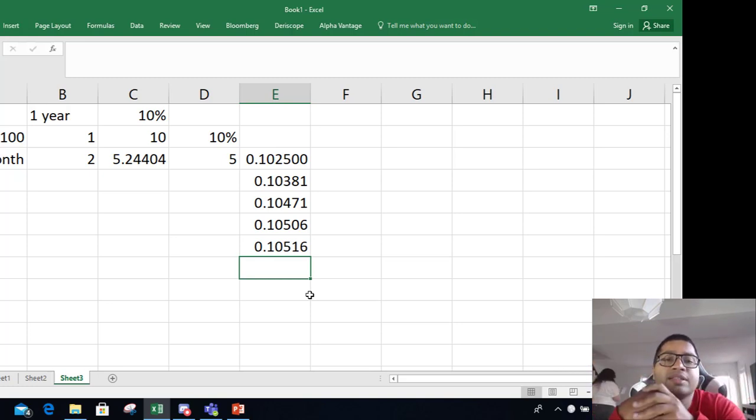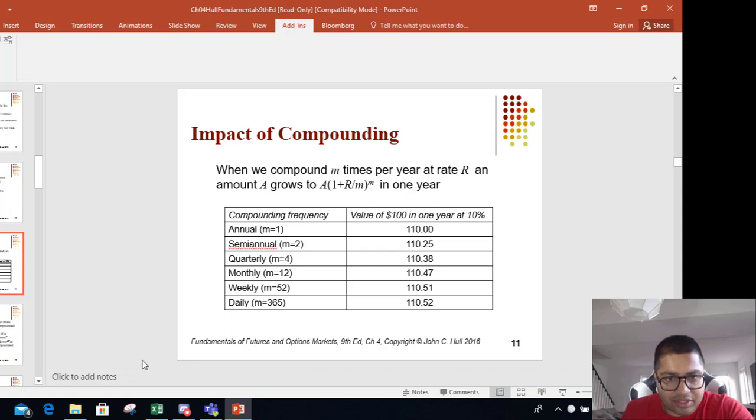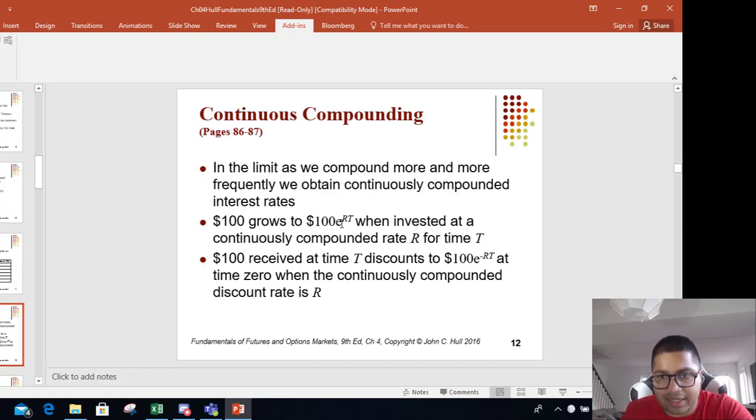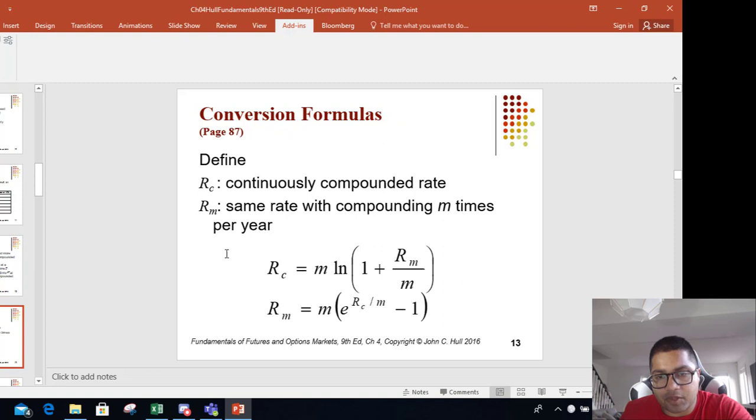Now continuous compounding is important because whenever we discount or we compound, we always use continuous compounding. So continuous compounding is calculated by e to the power of interest rate into time. So e to the power of r, minus 1.